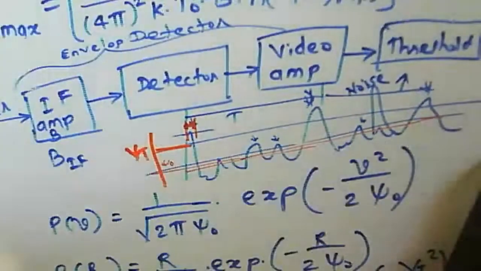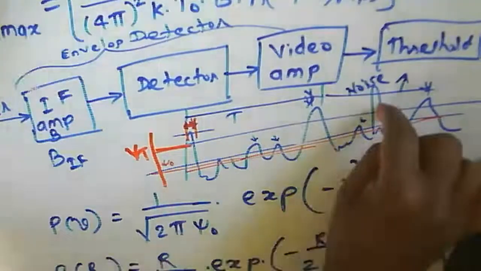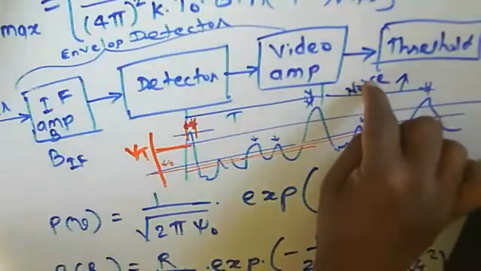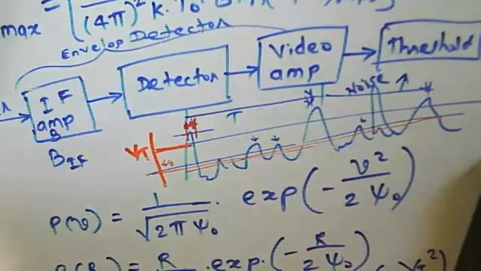Then from this we can find out the probability of a false alarm. That represents the probability of noise crossing the threshold, and that gives us the probability of a false alarm.